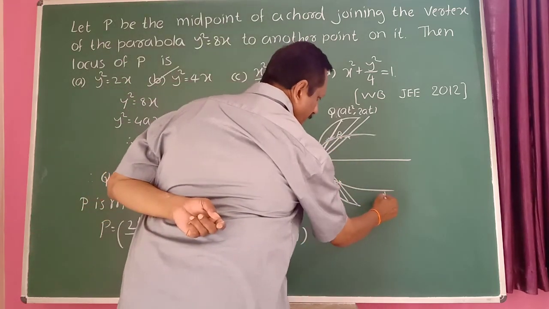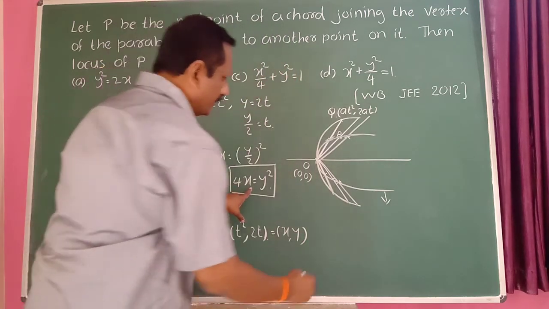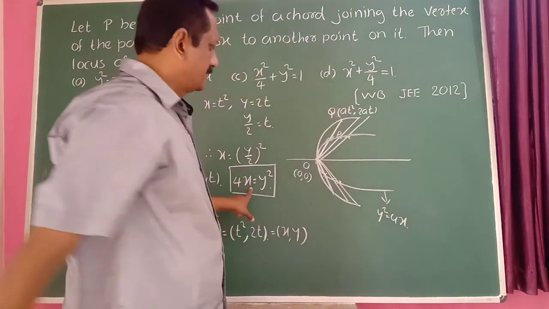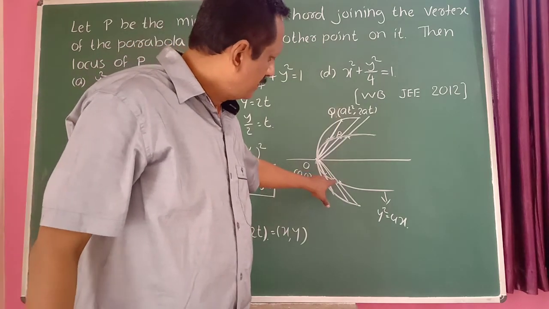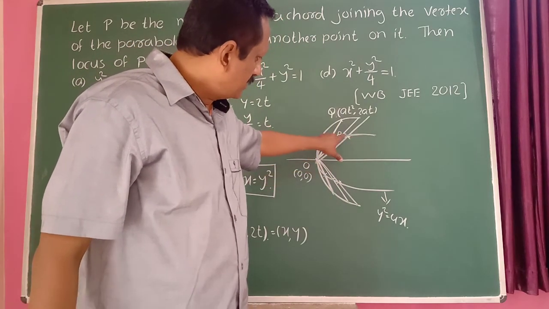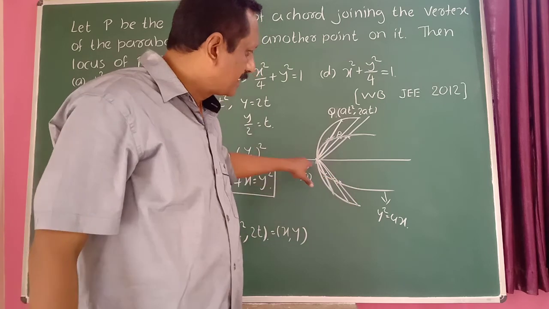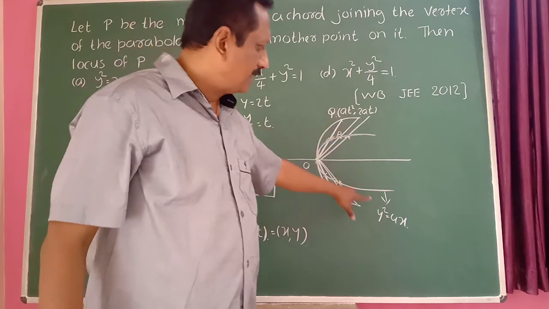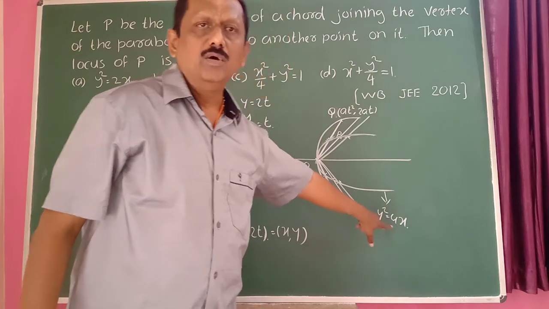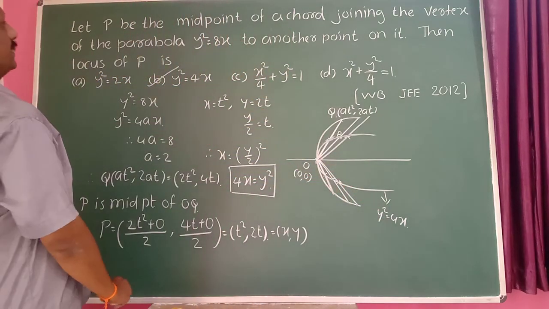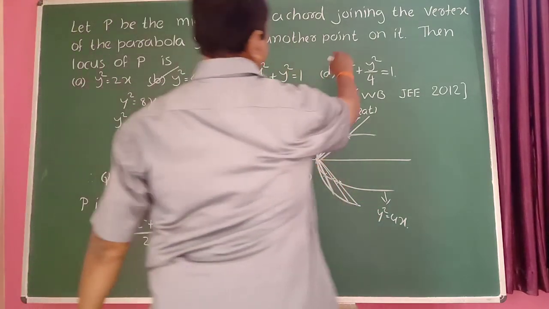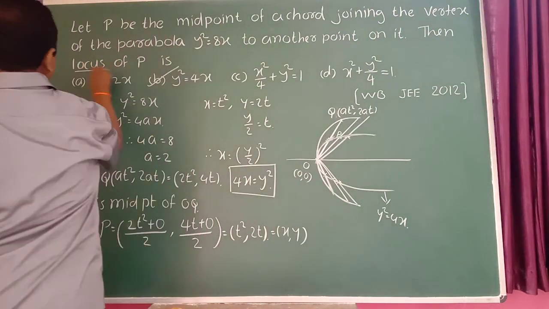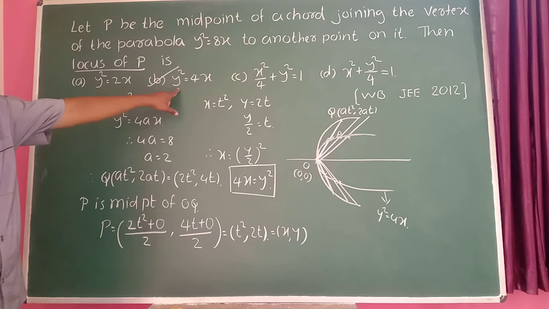So the equation of this locus itself is y square is equal to 4x. These are all midpoints of the chords. If you join all the points, you will get a curve here. Even that is a parabola. The equation of that curve is y square is equal to 4x. This is the equation of the locus here. Then the locus of the point P means y square is equal to 4x.